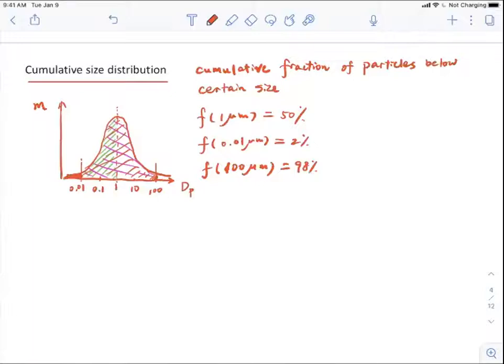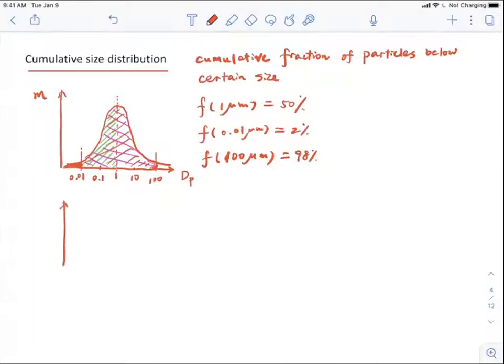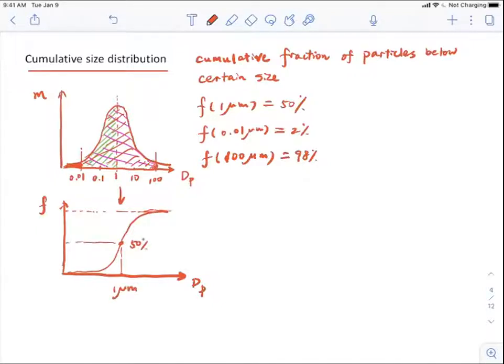So basically, if you plot the cumulative fraction as a function of size, we're going to convert this size distribution into a cumulative fraction curve that has the shape of an S, okay? So at 1 micrometer, you're going to have 50% of the mass fraction.